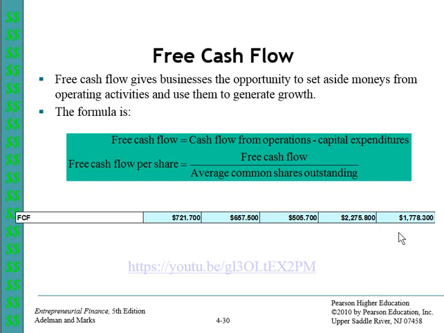So from free cash flow, we pay interest payments, we pay dividends, we can buy back debt, we can buy back stock. Those are the 4 things that we can do with this free cash flow. The bigger the number, the more comfortable our investors will be about giving us more money.